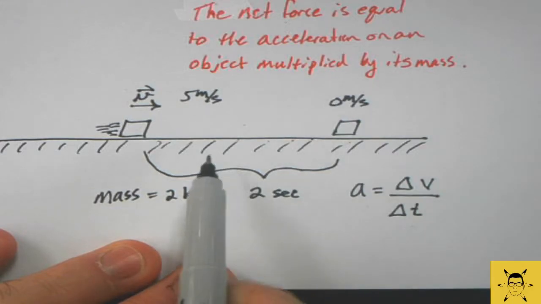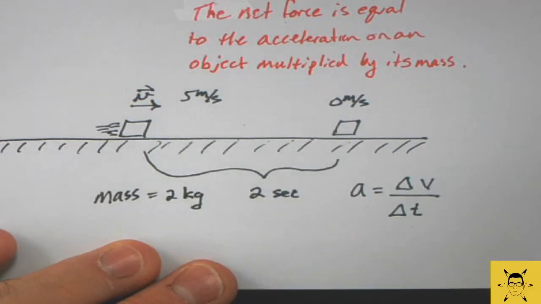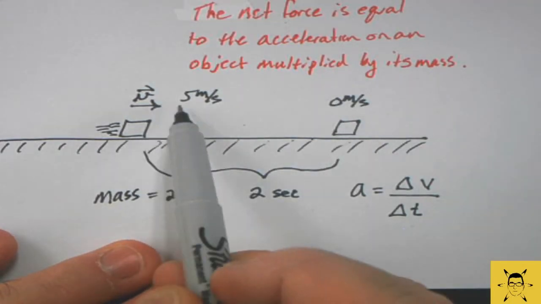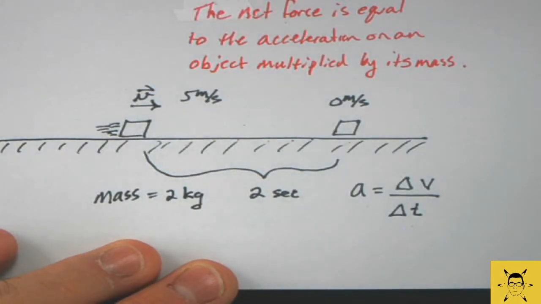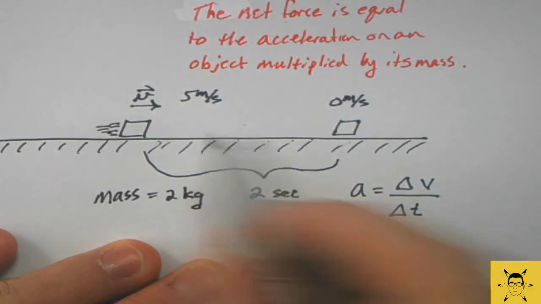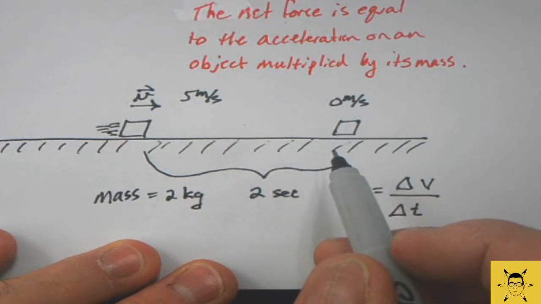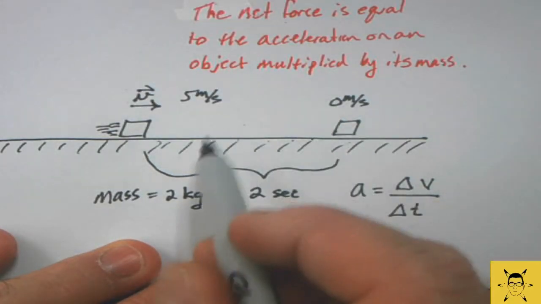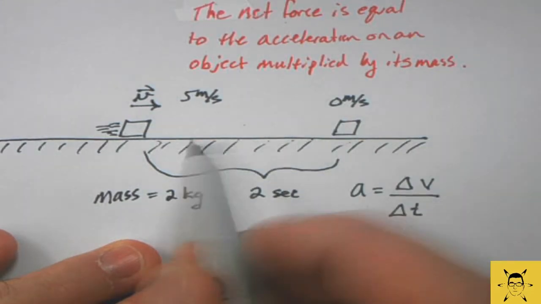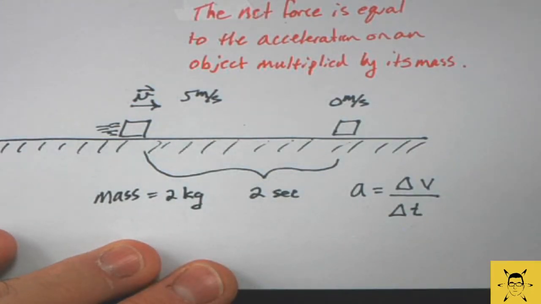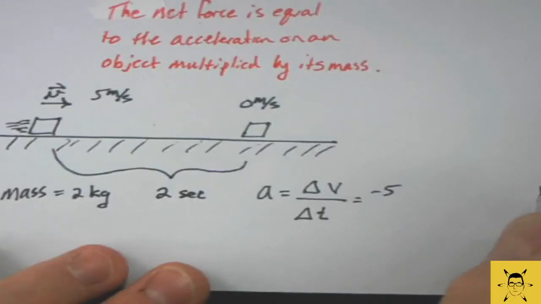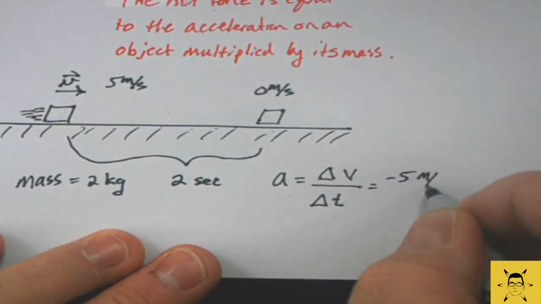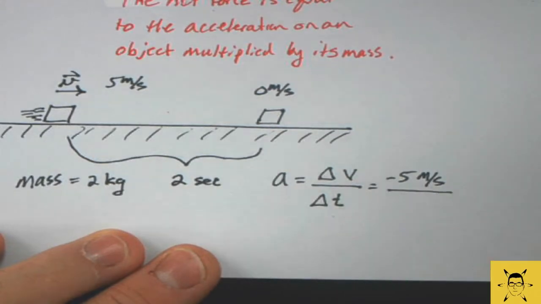So, what is our change in velocity here? It's slowing down, which means our change is negative 5 meters per second, right? We go from 5 to 0, and so our change is negative 5. And it occurred over how much time?